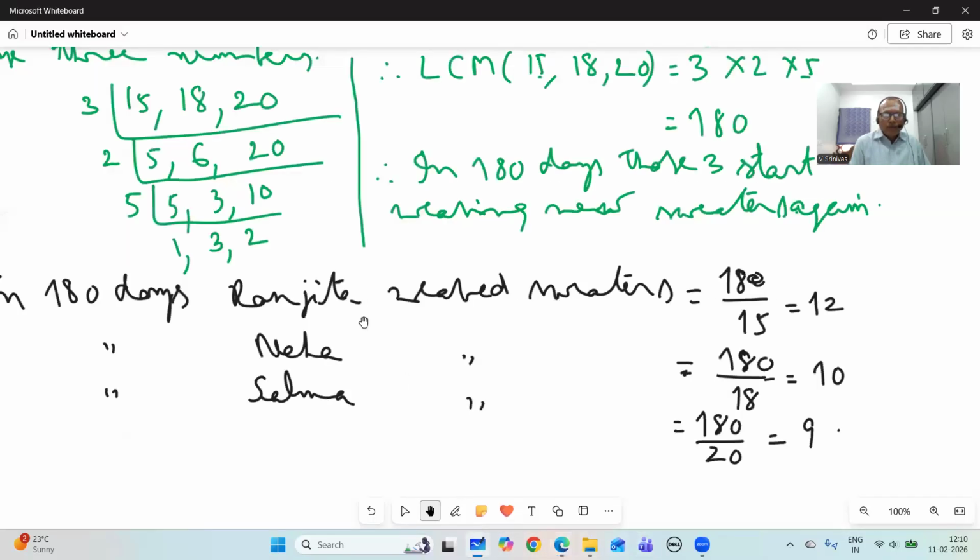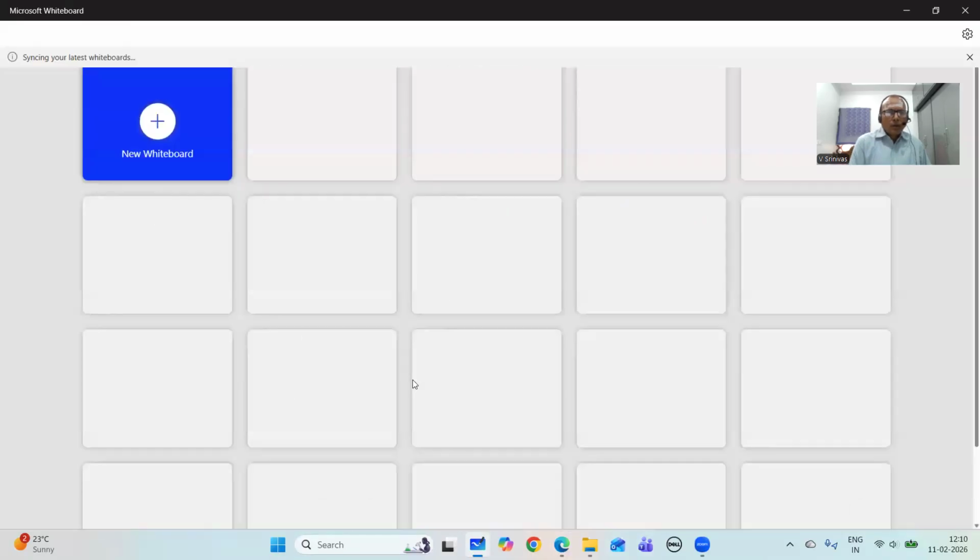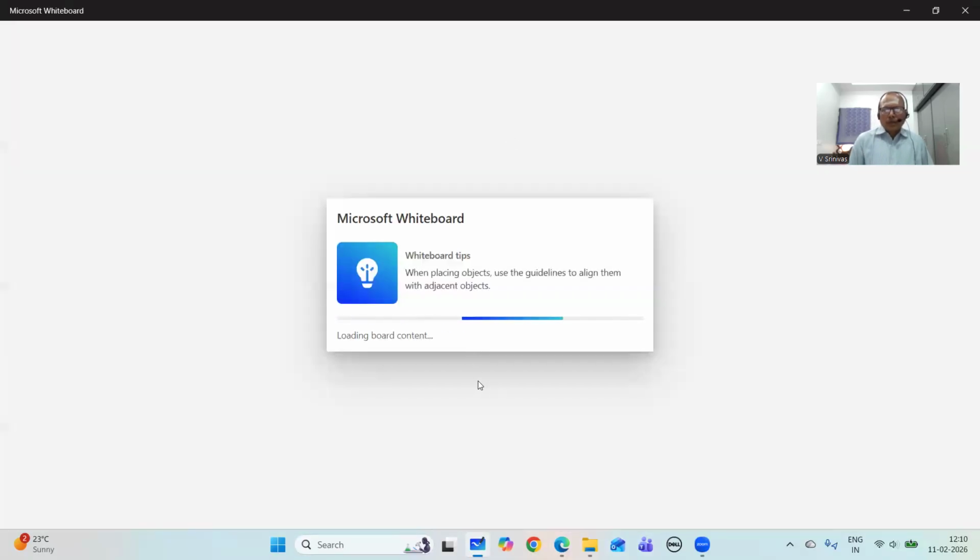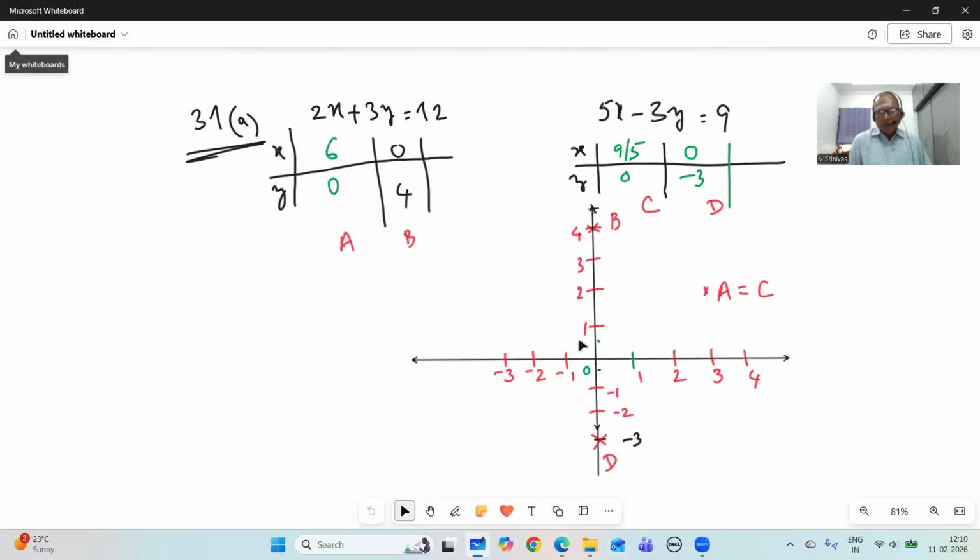You have to take a graph sheet from your invigilator, and then on the graph sheet you mark the x-axis, this is called X'OX, and then the y-axis Y'OY.